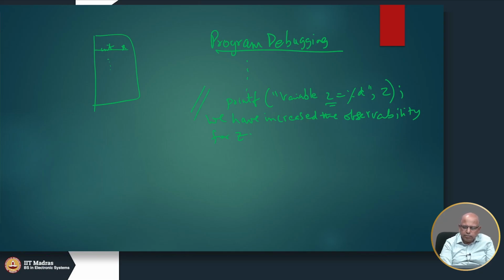But when debugging, you will like to leave that print statement as it is. So, in a way, that is what is happening in the observability improvement, right. That particular wire is not useful during the actual function, but during debugging it is useful, during testing it is useful.